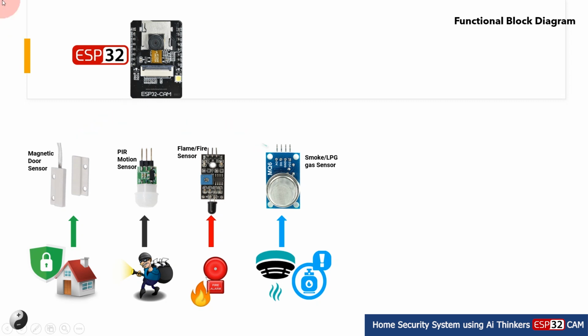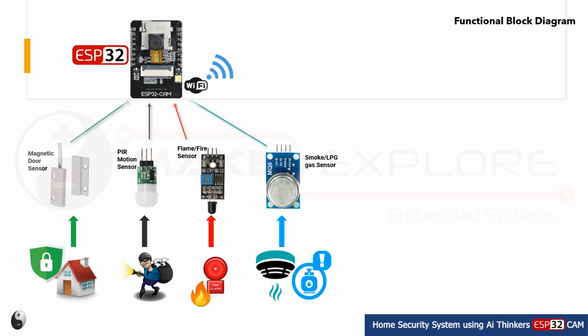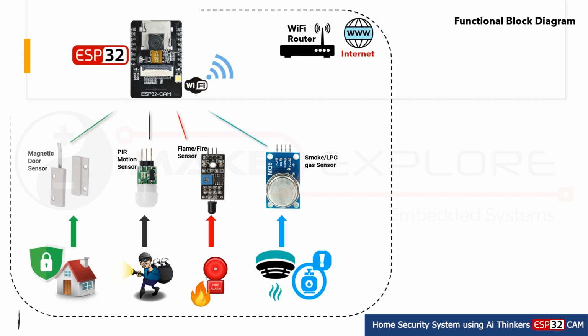This board has an onboard camera, you can see here. This board is Wi-Fi enabled, so we can connect our security system to our wireless Wi-Fi router, which is further connected to the internet. So this whole system is our home security system.